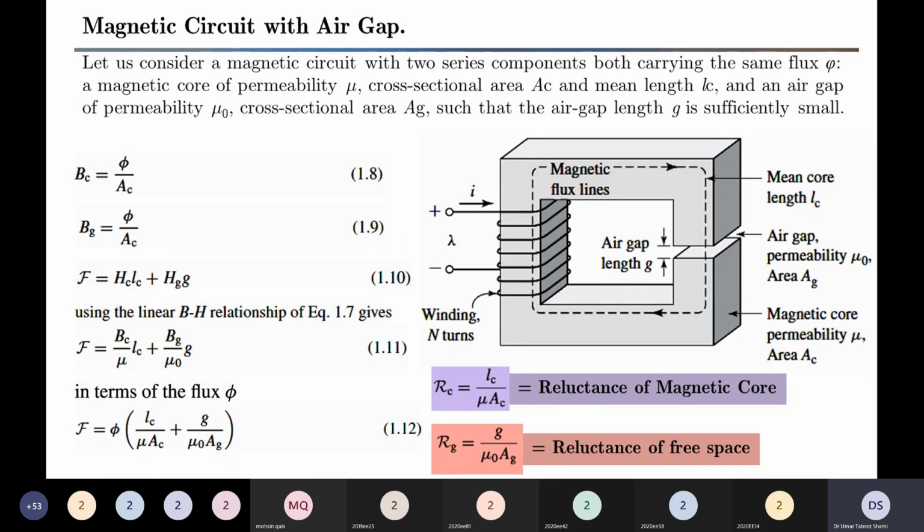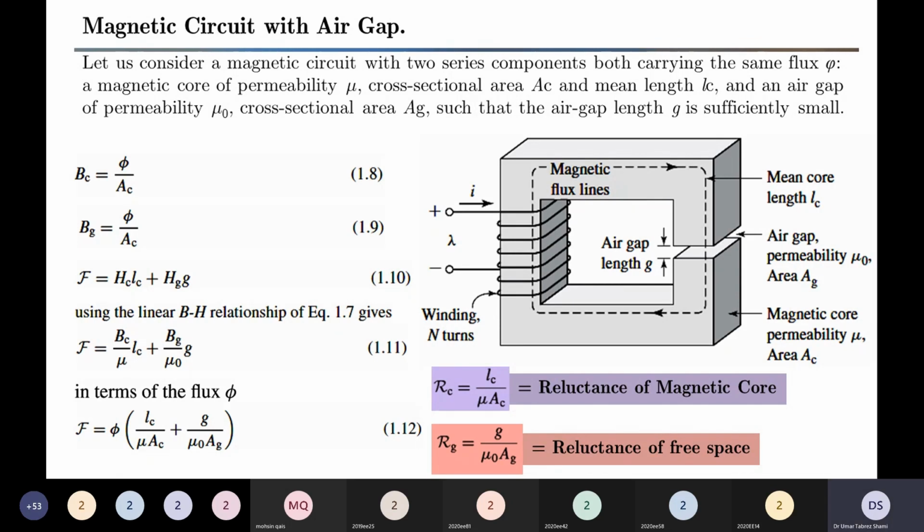So what we are going to discuss refers to the diagram shown in this slide. In this slide, we see a magnetic material. It is mostly composed of iron or of a material of high magnetic permeability. And then there is also a very small air gap. The length of the air gap is much smaller than the length of the magnetic material.